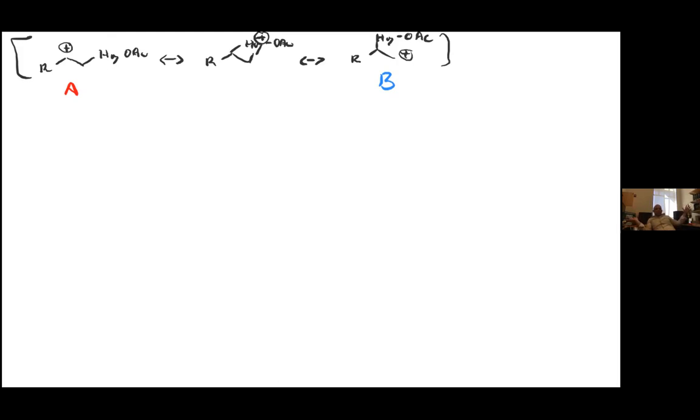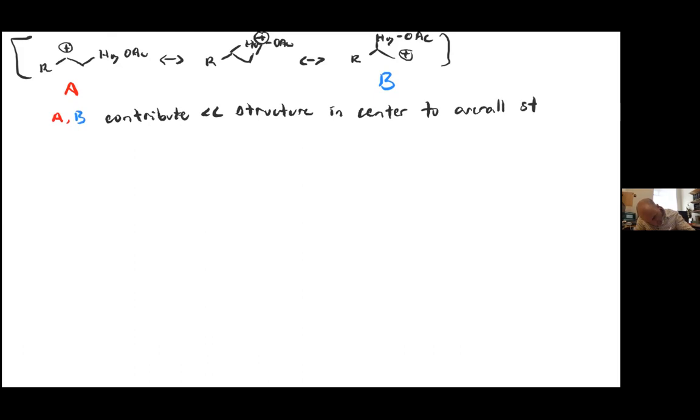A, secondary cation, is going to be happier than B, primary cation. Okay. So A and B contribute less than the structure in the middle.